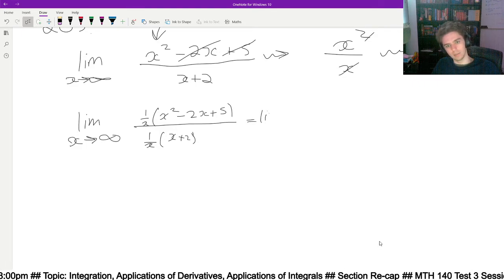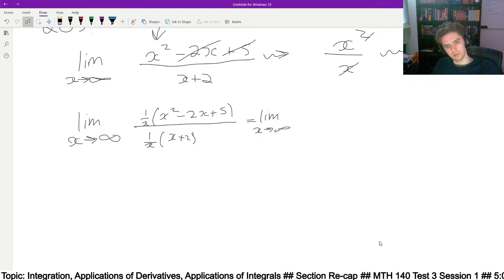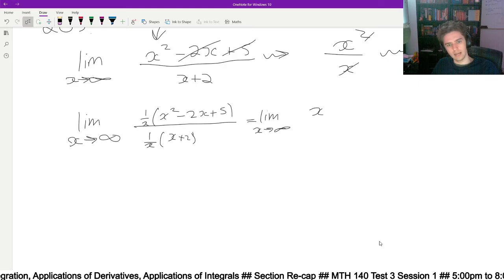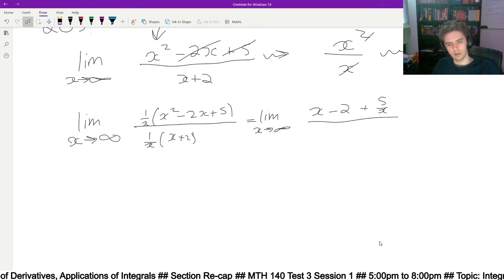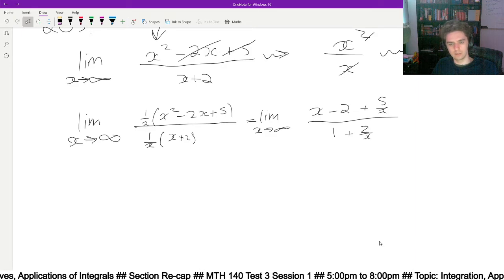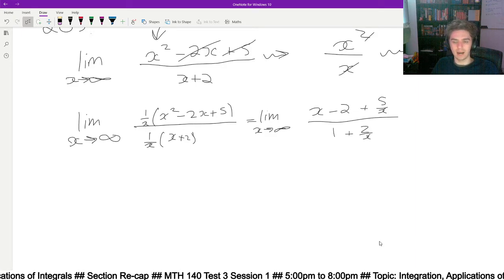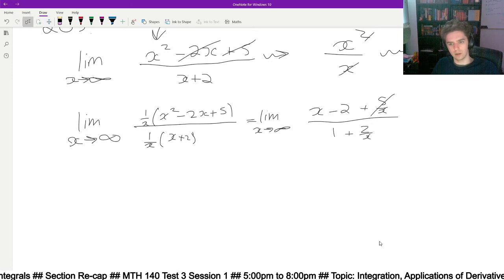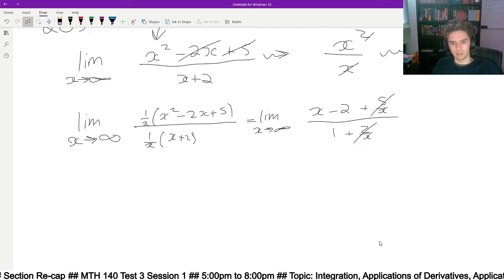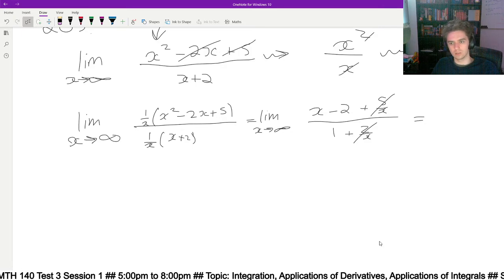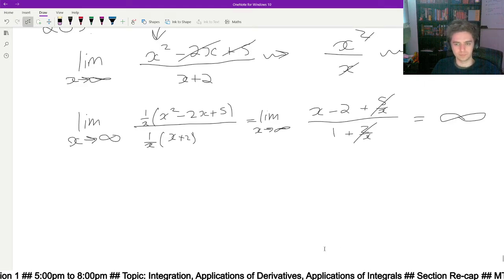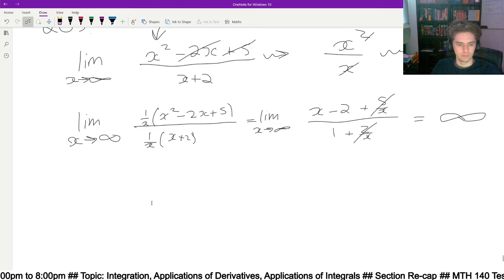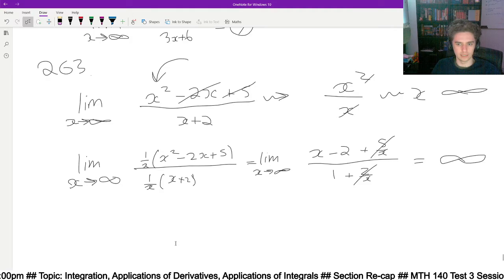So this would be the limit as x goes to infinity of x minus 2 plus 5 over x, over 1 plus 2 over x. Applying the limit now, this will go to 0, this will go to 0. The denominator is just 1, so it doesn't matter anymore. Then we just have infinity minus 2, which is just infinity. Right, so 2 ways to get the same answer.